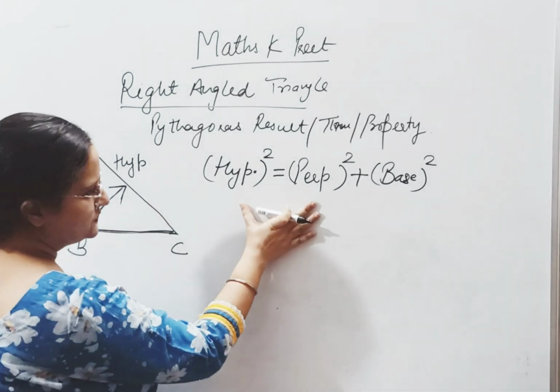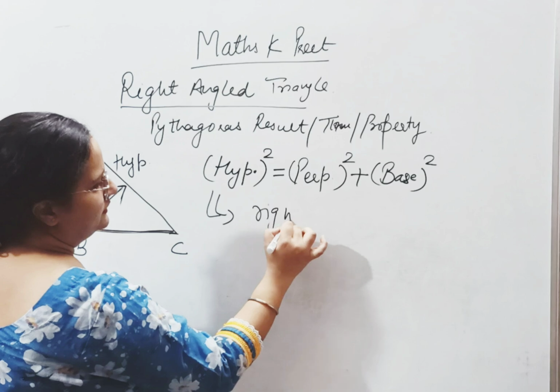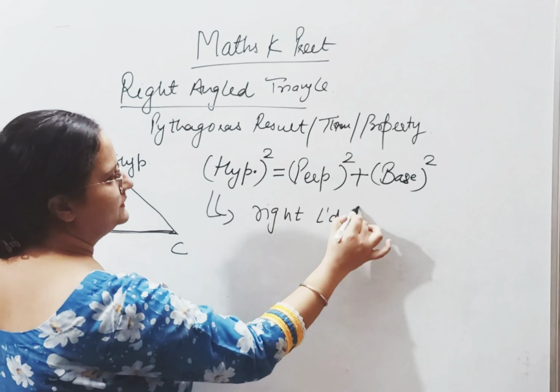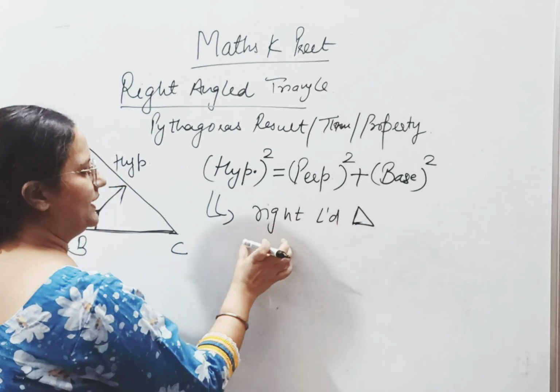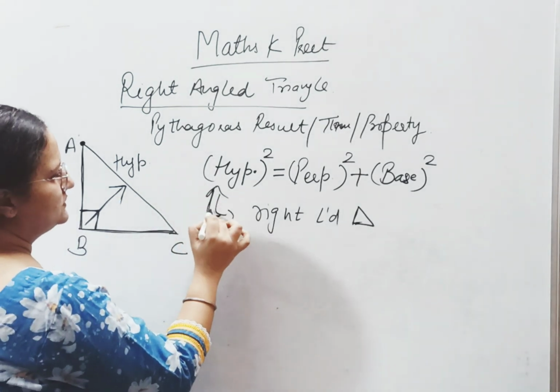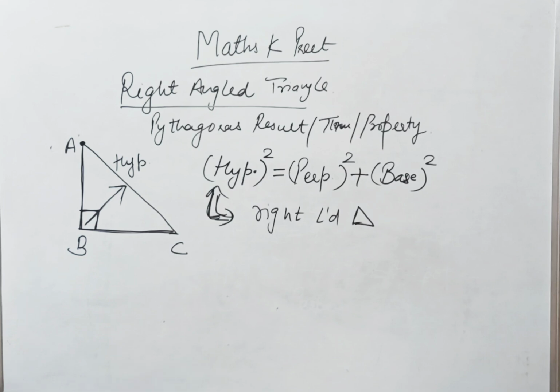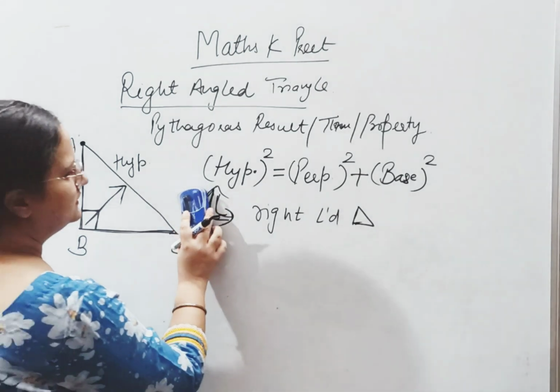If this result is holding, then the triangle is a right angled triangle. And if the triangle is a right angle triangle, this result will hold. So this theorem applies both ways. Let's see a few questions related to this result.